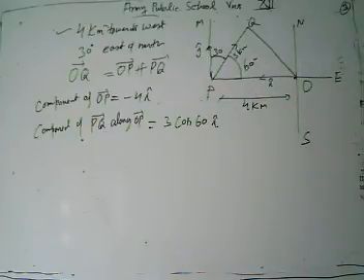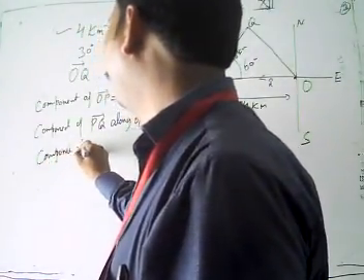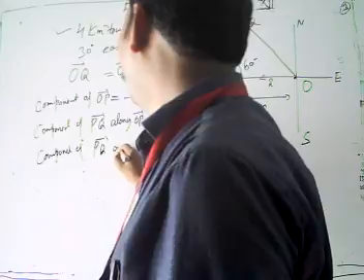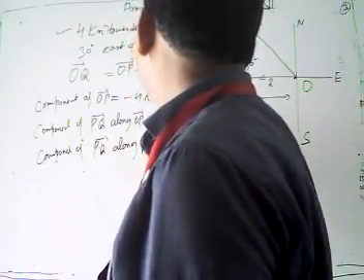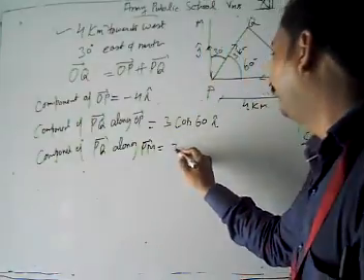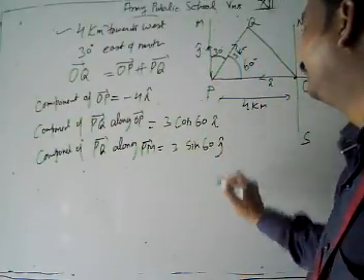Then the component of PQ along PM: again the magnitude is 3, it's the vertical component, so 3 sin 60 degrees j cap.